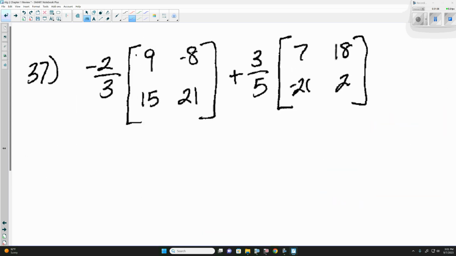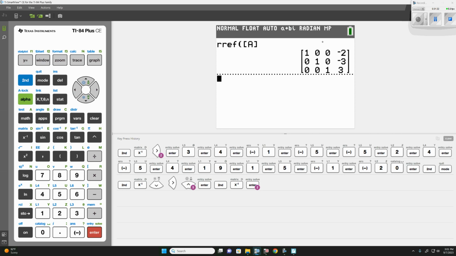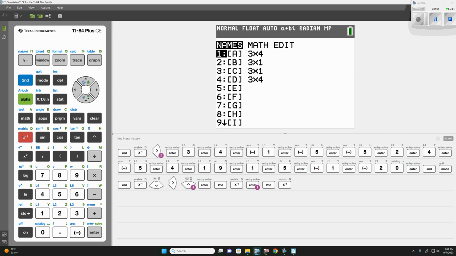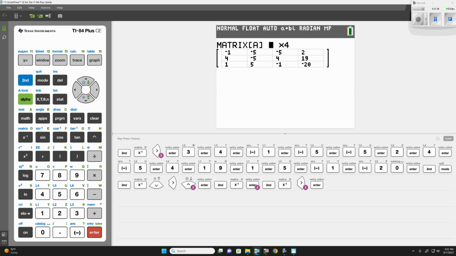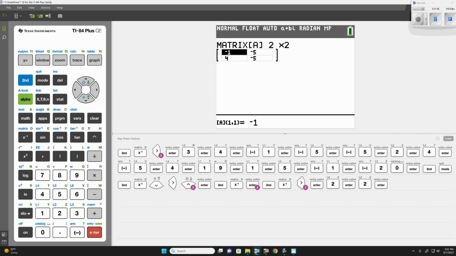So we could do 37. Now, we'll input the first one in as A and the second one in as B. So when we get the graphing calculator, we can go second matrix over to edit like we've done before. We'll set A, and it is a 2 by 2.